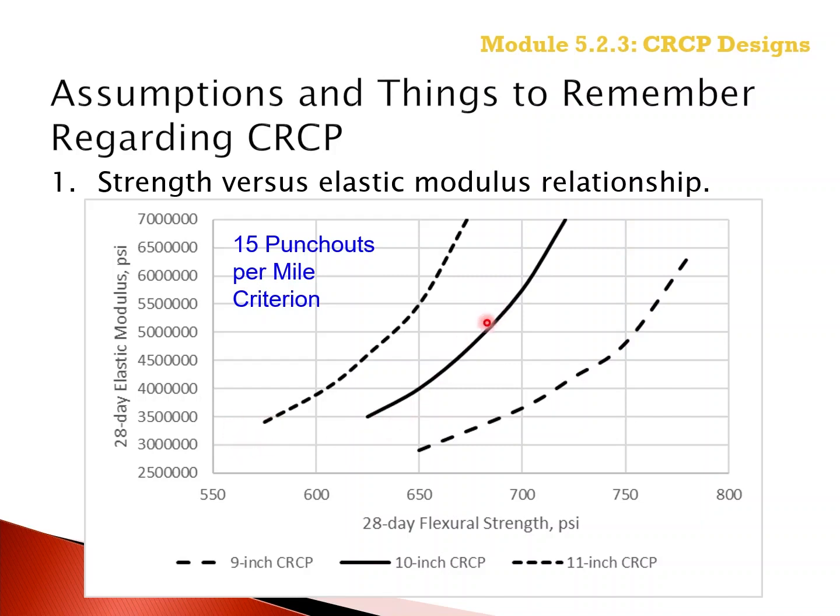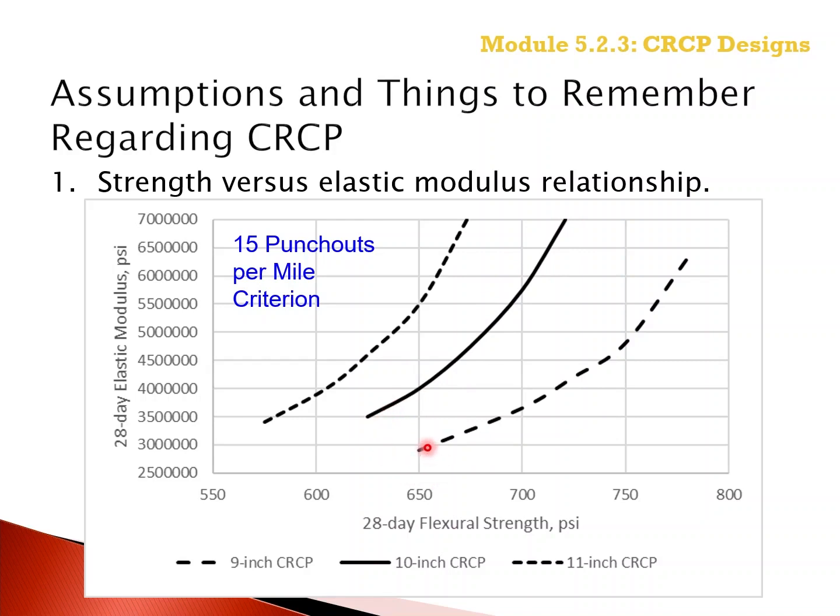The solid line is a 10-inch CRCP. And again, for the 10-inch CRCP, this strength modulus combination, in accordance with this relationship here, would result in 15 punch-outs per mile at the end of our design life, everything else being equal.